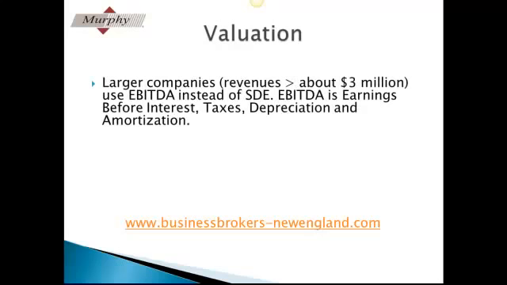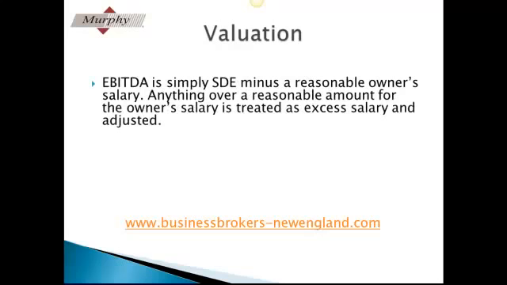Larger companies, revenues greater than about 3 million, use EBITDA instead of SDE. EBITDA is earnings before interest, taxes, depreciation, and amortization. EBITDA is simply SDE minus a reasonable owner's salary. Anything over a reasonable amount for the owner's salary is treated as excess salary and adjusted.